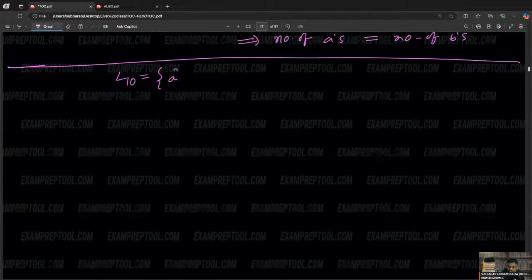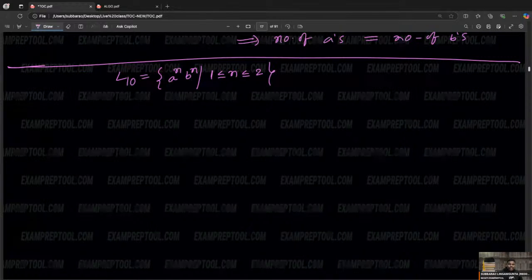L10 is equal to A power n B power n, where, careful everyone, n minimum is 1 and maximum, let us assume, is 2. So it is a formal language, but a finite formal language.